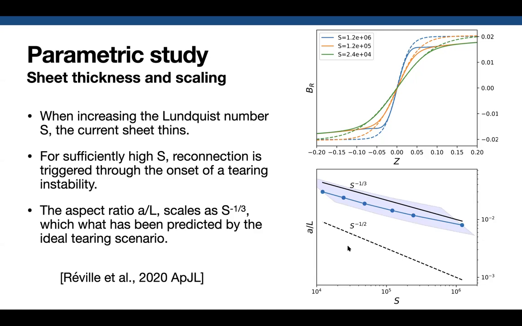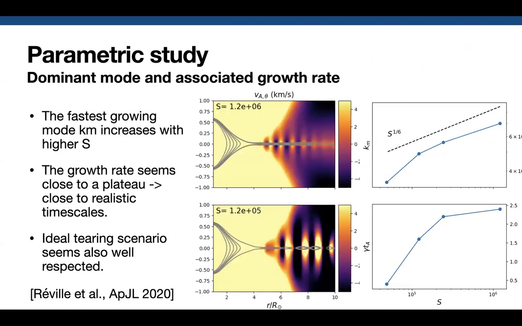And this is very interesting because the ideal tearing scenario predicts the evolution of the fastest growing mode of the tearing instability. For instance, it predicts that it grows as S to the 1/6. And this is what we measured in our simulations, up to large Lundquist number, 10 to the 6.